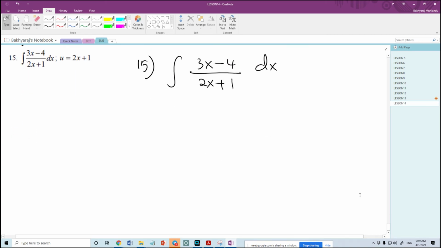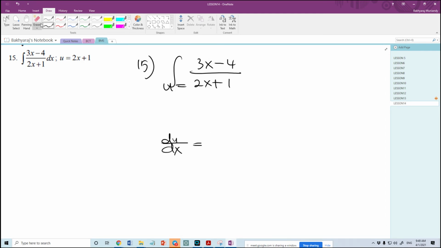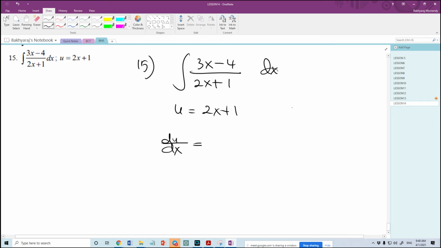Okay, so I give you the solution. Let u equal 2x plus 1. Then I need to go for du/dx. So du/dx will be just 2, right?